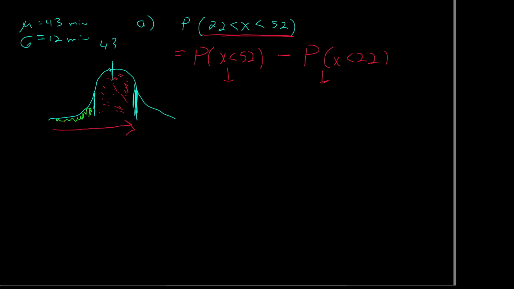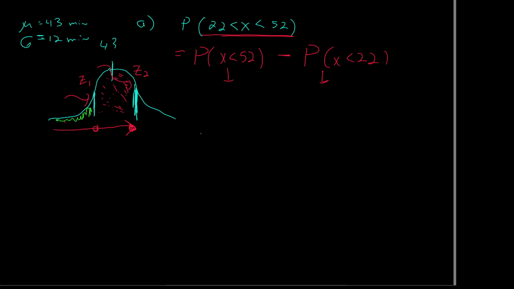To find the probability of being within two particular values, I need to find the z's for these two ends. I usually call this my z2 and this my z1, the first one and the second one.